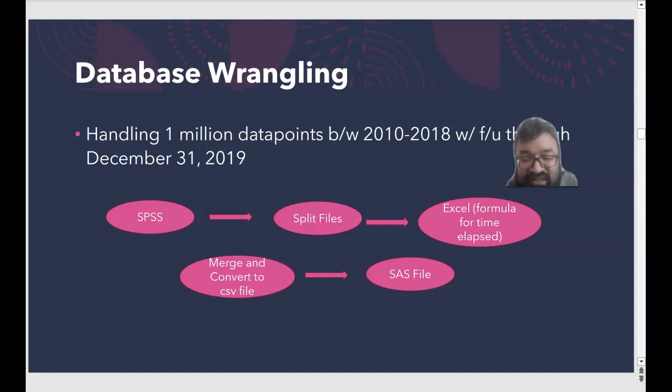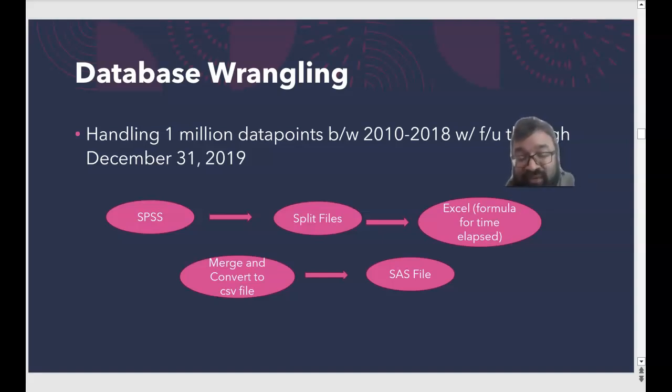In SPSS, I needed to have smaller files to be able to get this into Excel. I actually spent a whole day trying to figure out why my SPSS file would not convert to Excel. There was an error being created. And so, you'll see that you have to come up with unique solutions to some of the challenges surrounding your research idea.